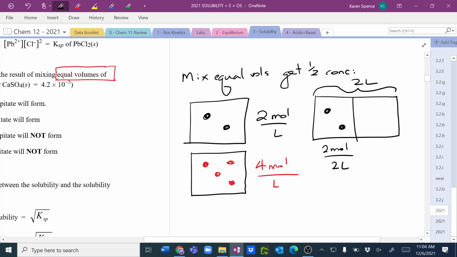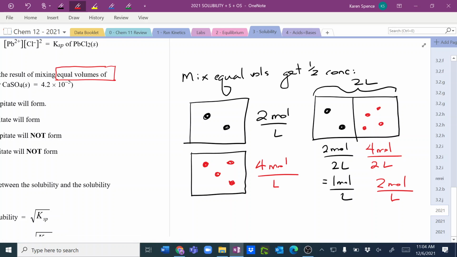I'm not showing it mixing because it's just easier to have it there. And then we will have 4 moles in 2 liters, which is going to equal 1 mole per liter, and this one will be 2 moles per liter. So when you double the volume, you halve the concentration.